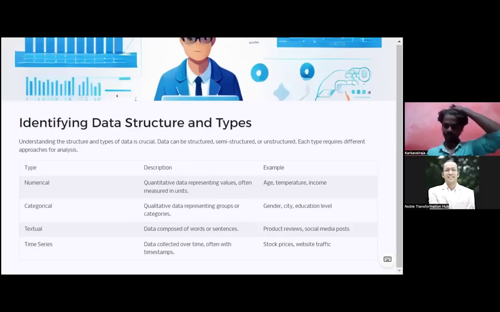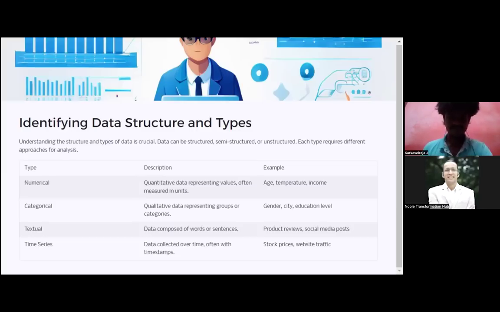Yeah, so identifying data structures and types, okay? It is very important for a project. Whenever you are doing it after EDA, you have to understand the structure and types of data. It's very crucial, guys. So data can be structured, semi-structured, unstructured. So these are different types, okay?